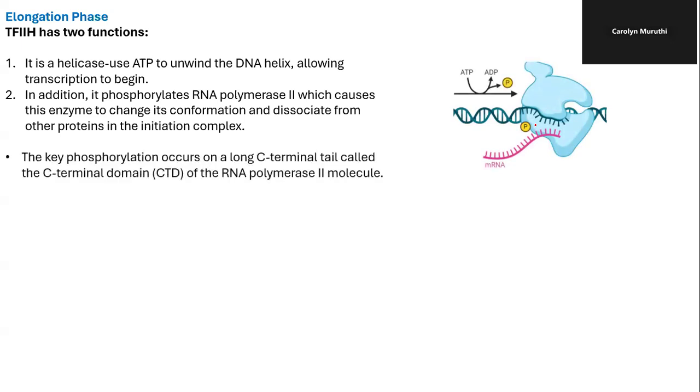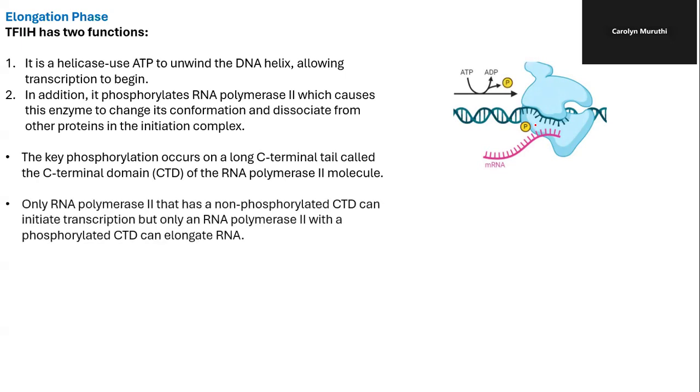The region that is phosphorylated in RNA polymerase II is a long C-terminal tail called the C-terminal domain of the RNA polymerase II molecule. It is important to note that only RNA polymerase II that has a non-phosphorylated CTD can initiate transcription, but only an RNA polymerase II with a phosphorylated CTD can elongate RNA.